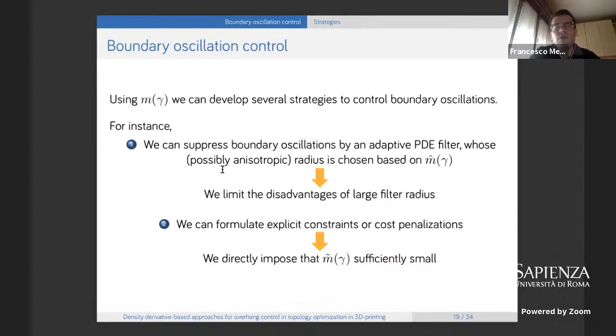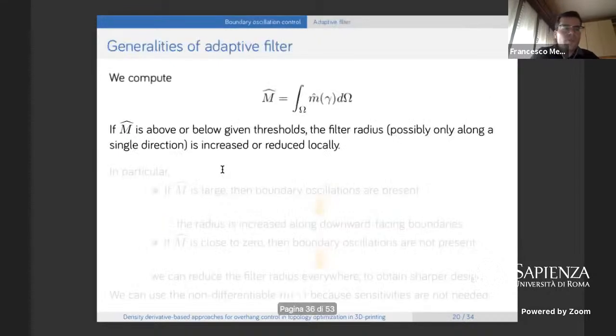Alternatively, we can also formulate an explicit constraint or cost penalization, which directly imposes in the topology optimization problem that oscillations are not present. We are not going into details, just giving you the general idea of our implementations.